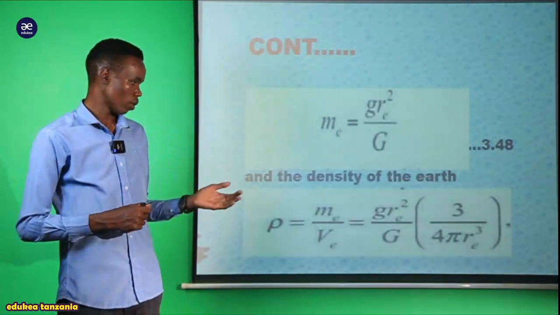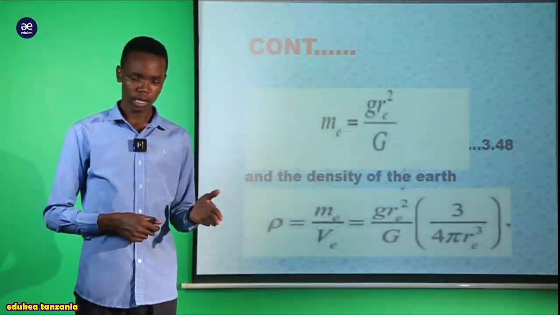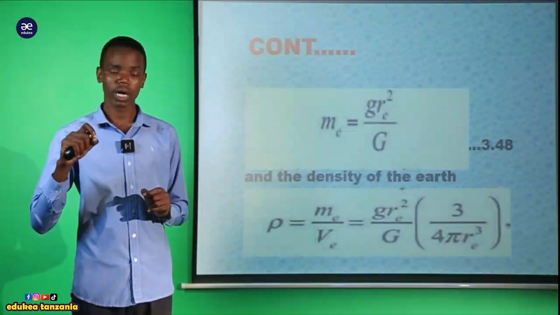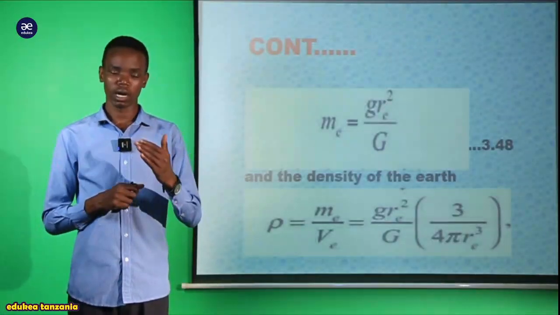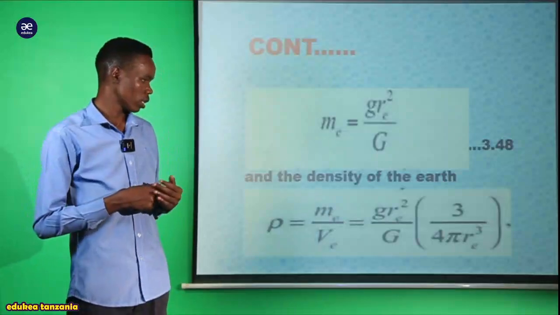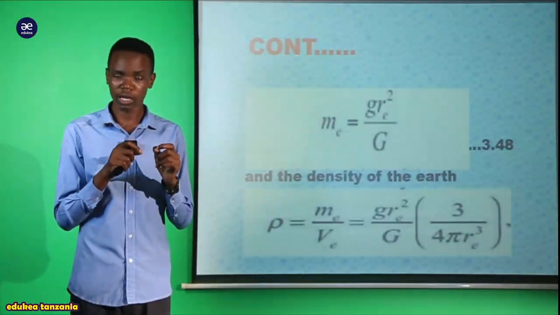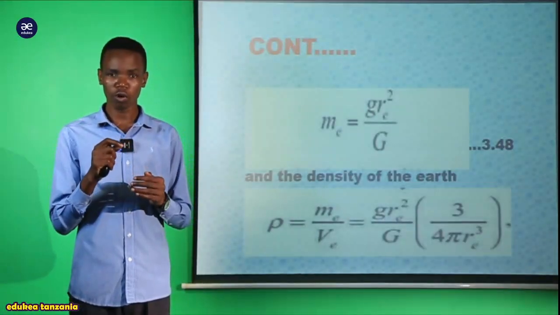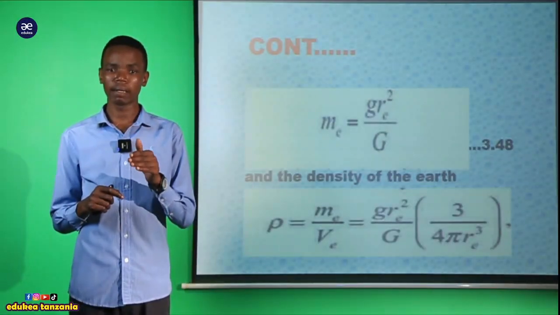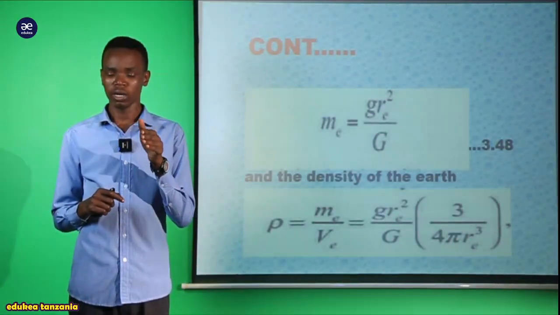It means we get the volume of the Earth by taking the formula for volume, which is 4/3 pi r cube, because we are talking about a sphere. If we are talking about a sphere, the volume must be equal to 4/3 pi r cube. This r implies the radius of the Earth.